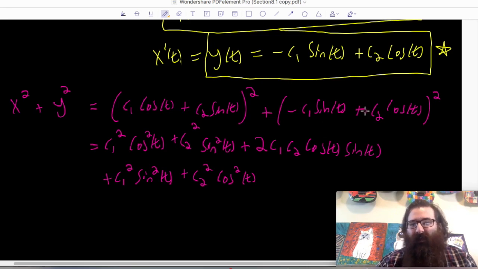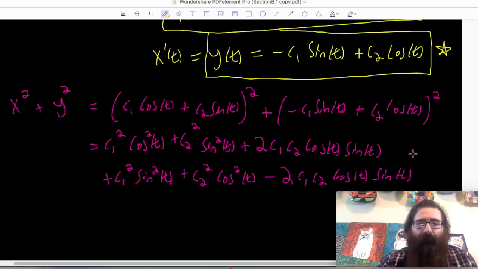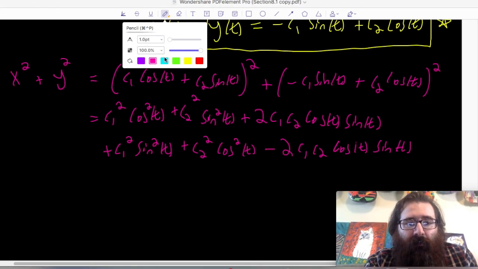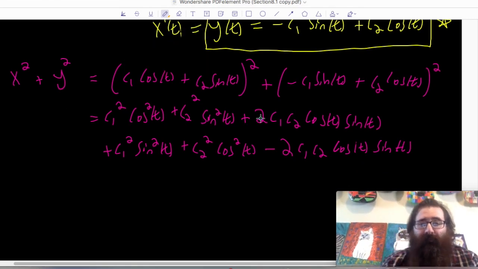It's a negative times a positive, so that's negative 2 times c sub 1 times c sub 2 times cosine t times sine t. This is what we get for all of those terms from multiplying this out.